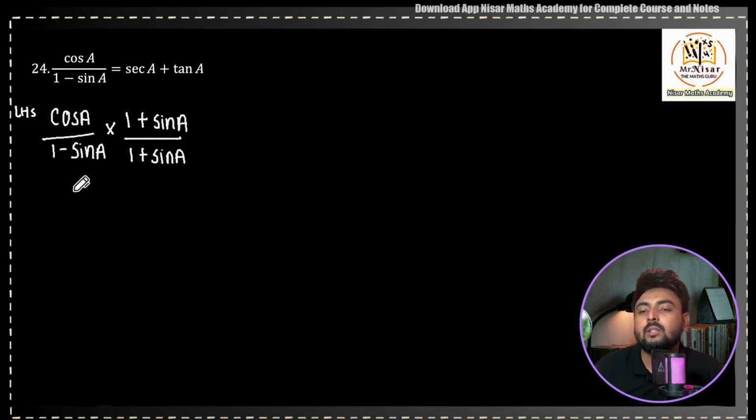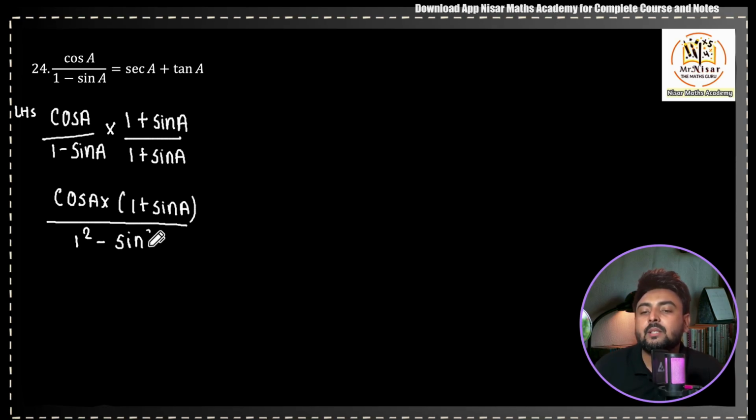Then what we'll do here, numerator into numerator, it will be cos A into 1 plus sine A, and in the denominator we have A plus B into A minus B. Now till now you might have learnt it, A square minus B square.